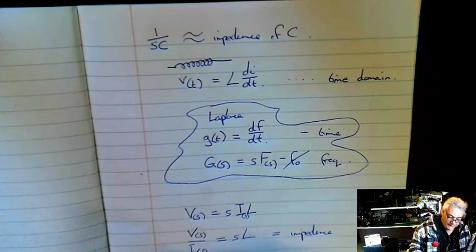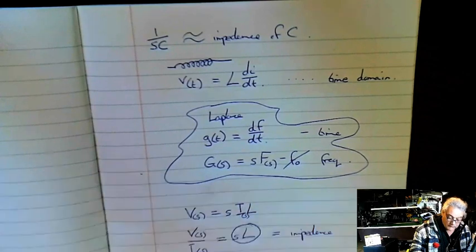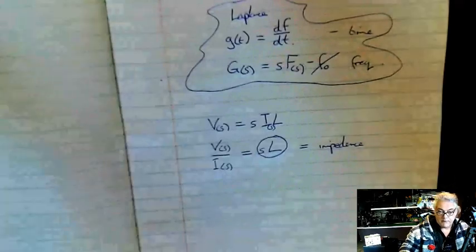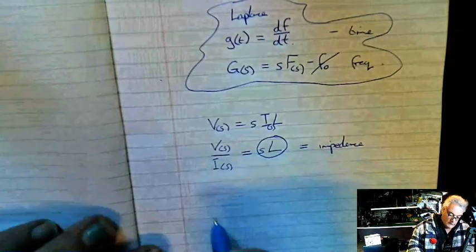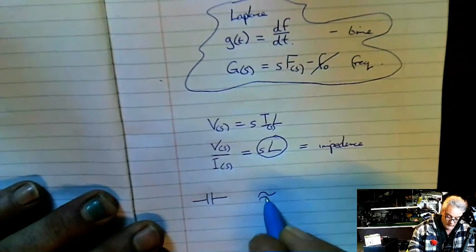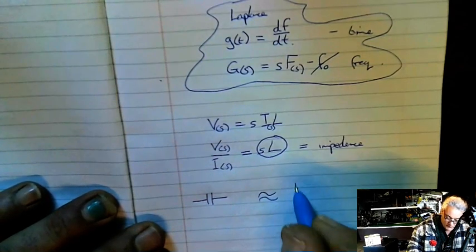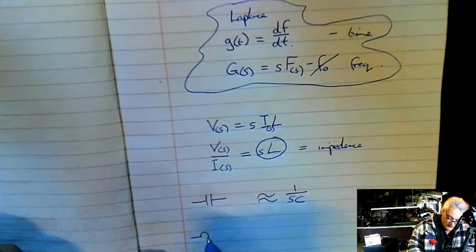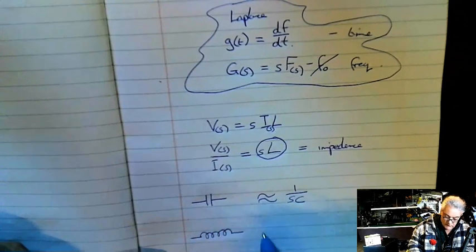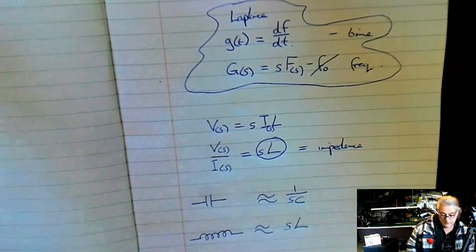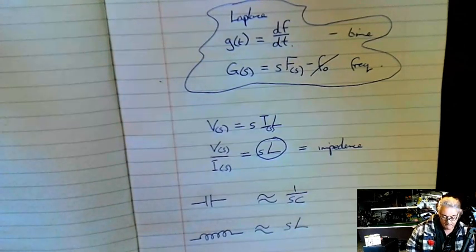So what that means is every time I see an inductor and I want to model the impedance of it, or I want to have a simple representation of it, for a capacitor we have 1 upon SC, and for an inductor it is SL. So, job done, job done.